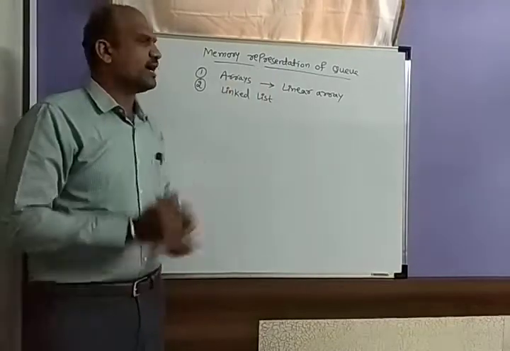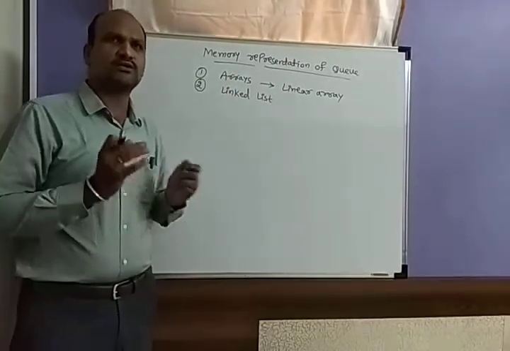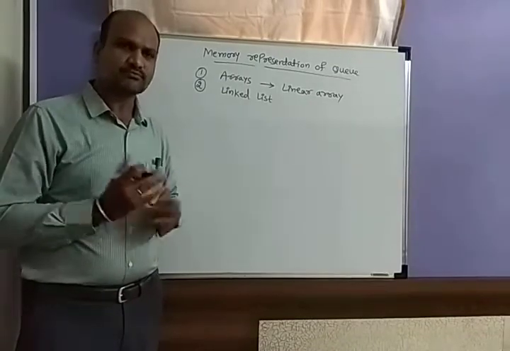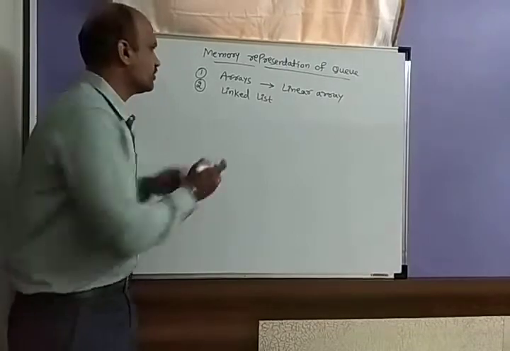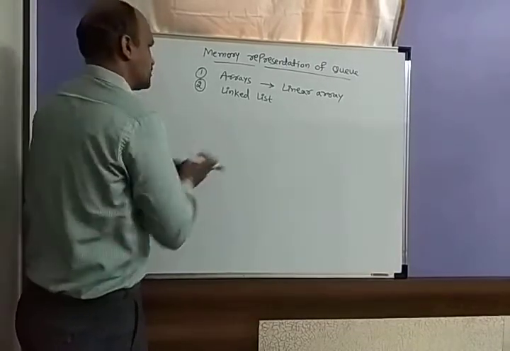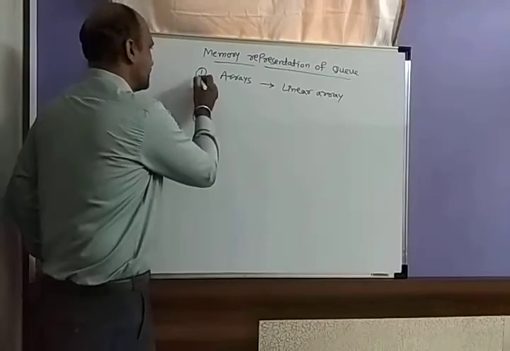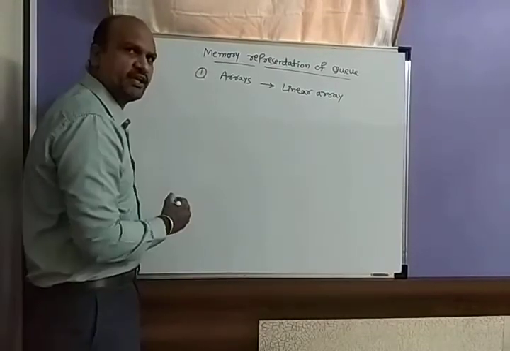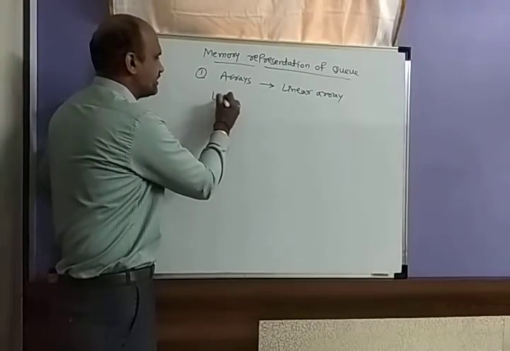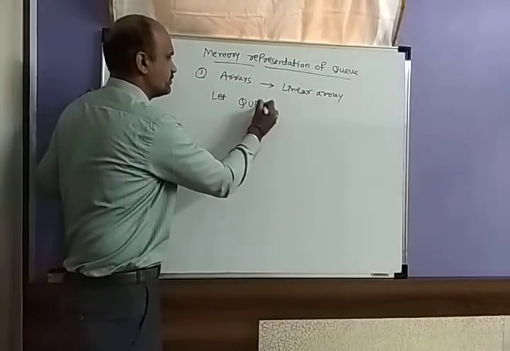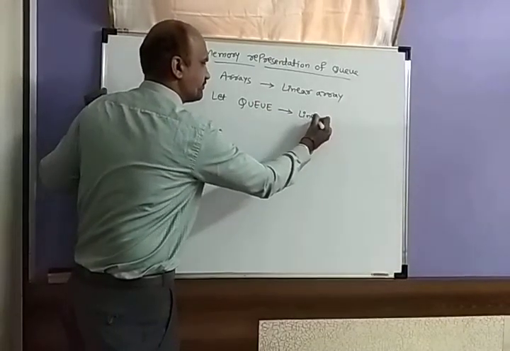As we discussed in the queue, there are two, front and rear, which are for deleting and inserting. We'll go for the first one, the arrays. When you represent it in memory, let Q be a linear array.